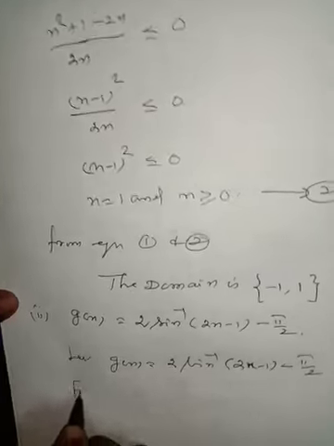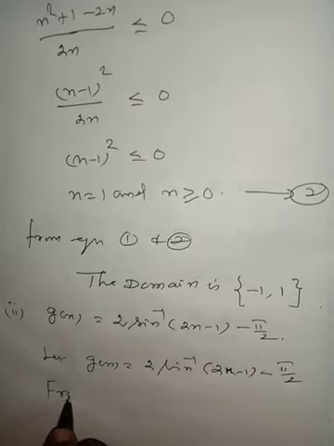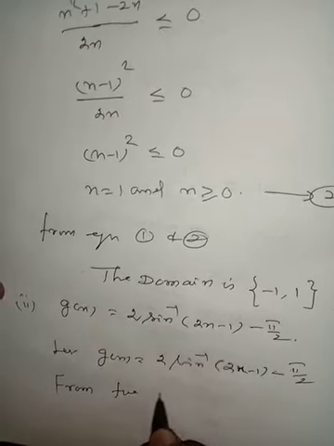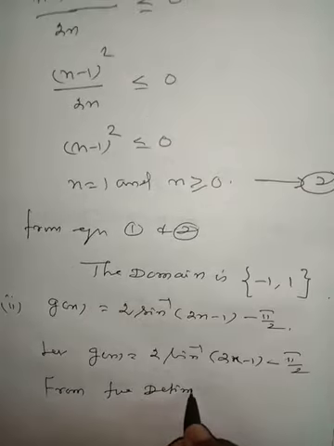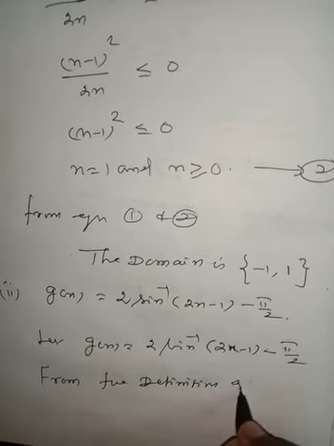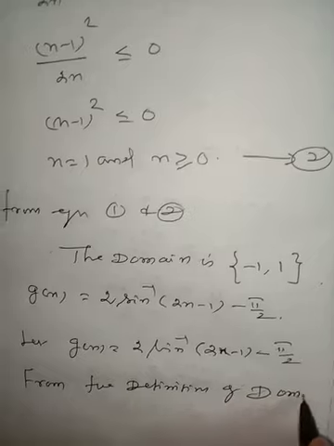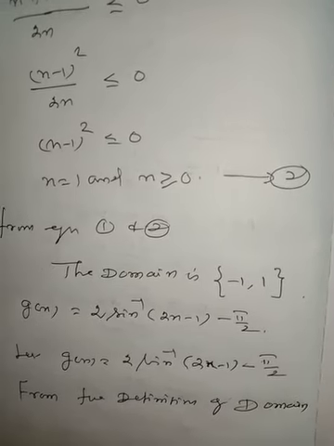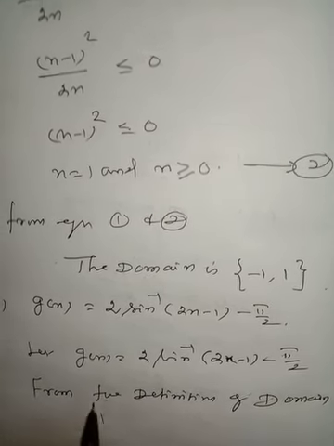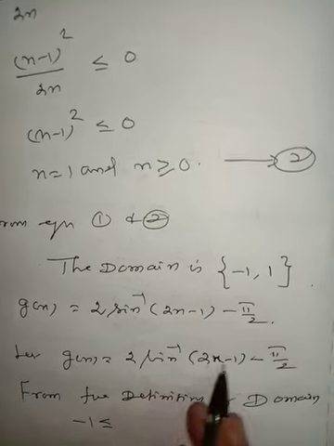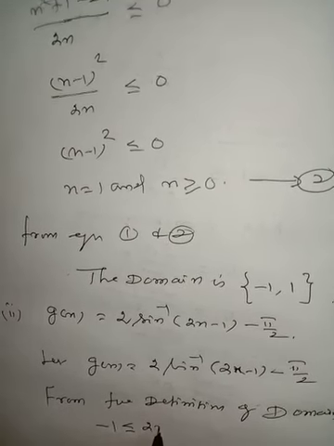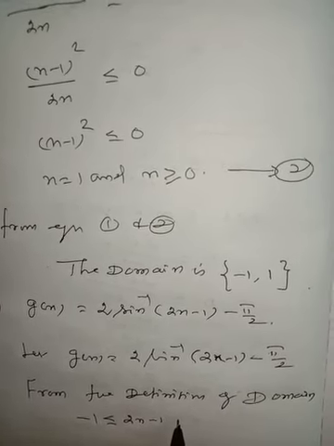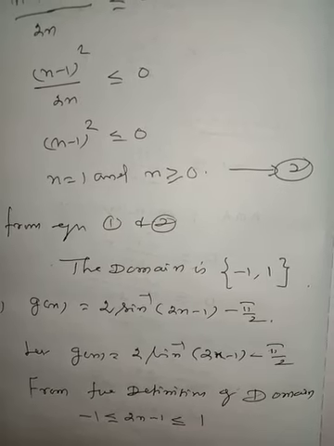From the definition of domain, minus 1 is less than or equal to 2x minus 1 less than or equal to positive 1.